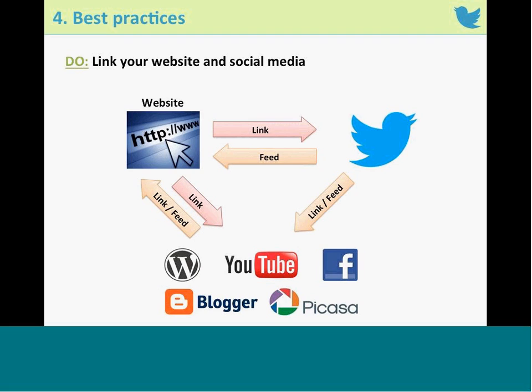If you upload a new YouTube video, you should tweet that as well. And then finally, some of these social media allow you to link back to Twitter. For example, you can link your Facebook and Twitter accounts such that every time you tweet something new, it is automatically posted to Facebook as well. And on WordPress, and I'm sure on Blogger as well, you can also embed your Twitter feed directly on there. So these are just ways of unifying your online presence and linking them to one another.